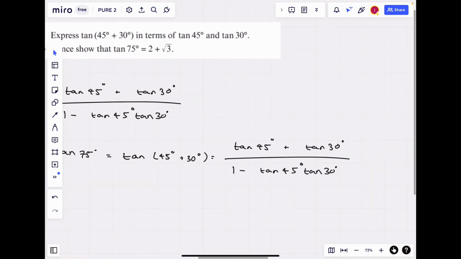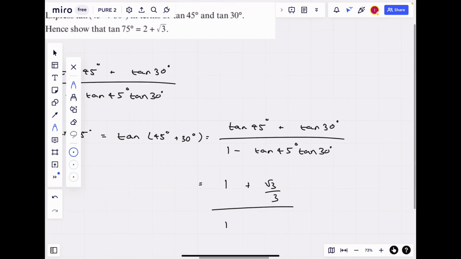Okay, tan 45 can be simplified to 1, and tan 30 is root 3 over 3. So that's going to be over 1 minus root 3 over 3.